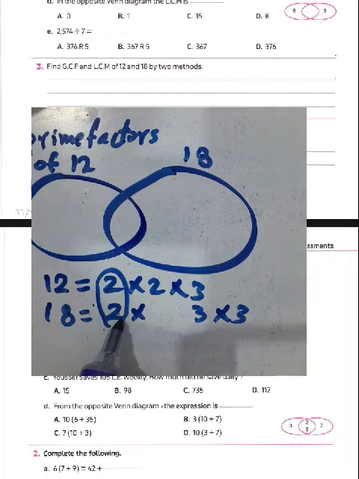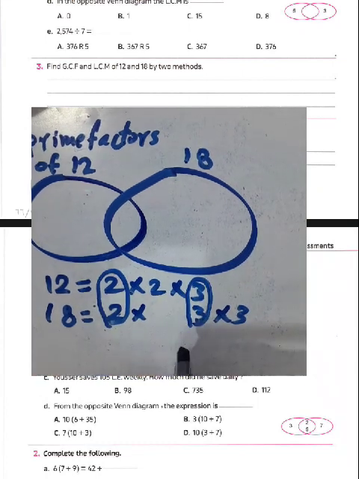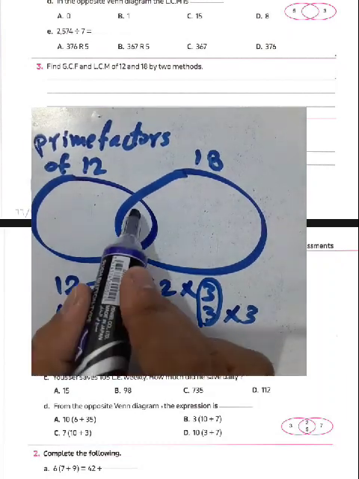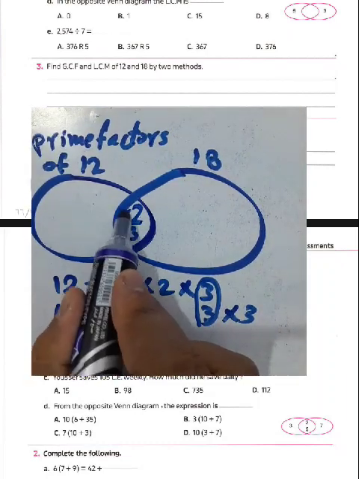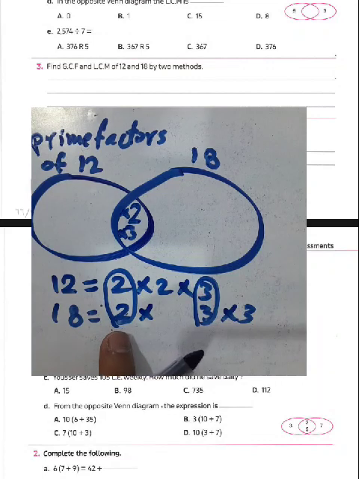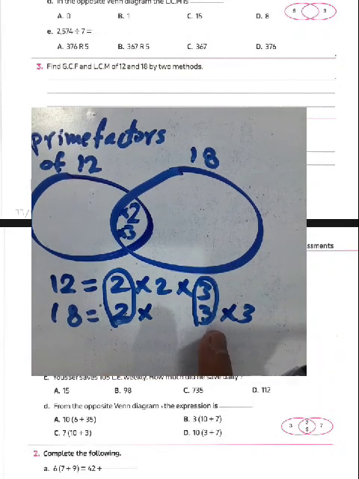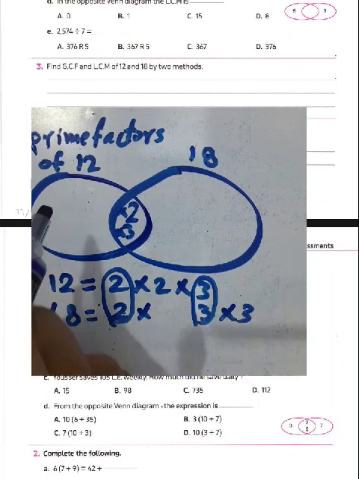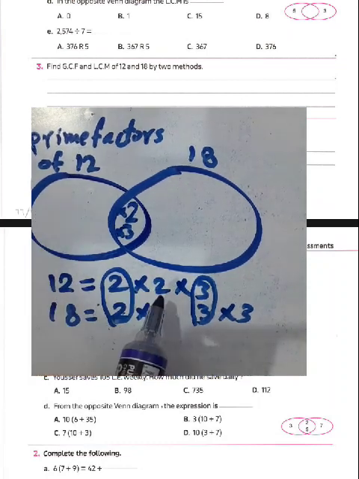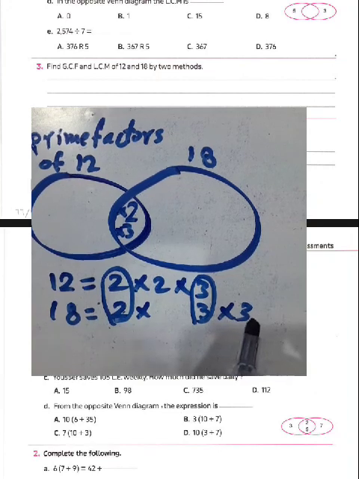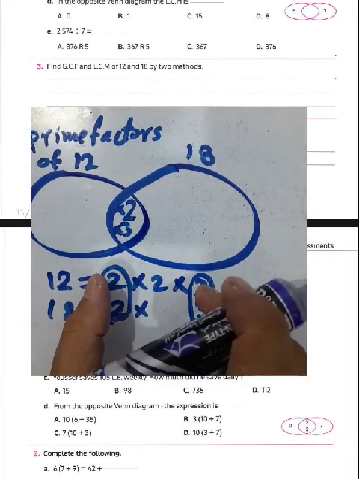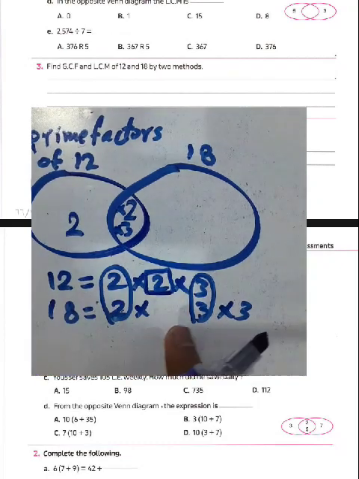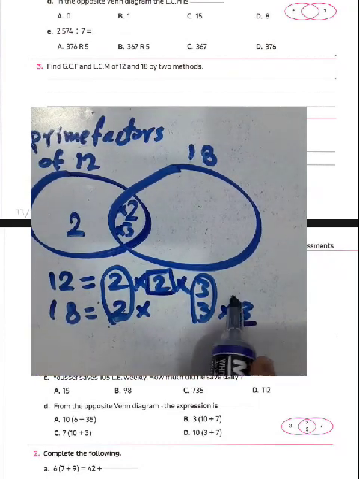We know 3 and 2 are common between them. Then you must write 2 and 3 in the common part, one digit from each number, and write the remainder of 12 and of 18.